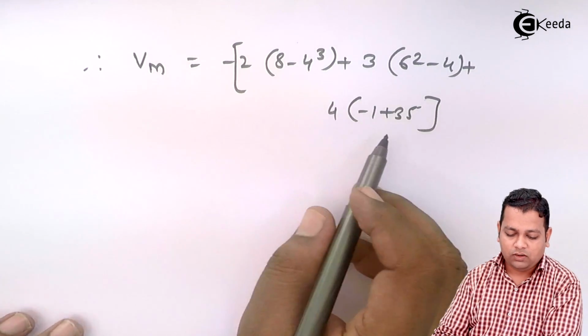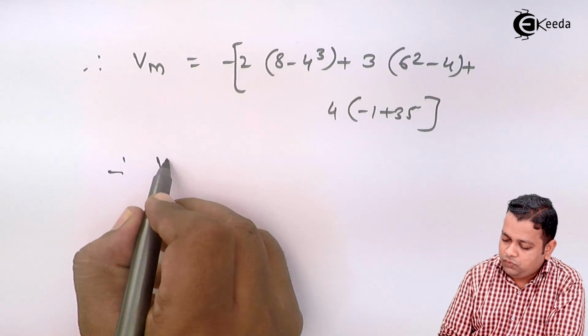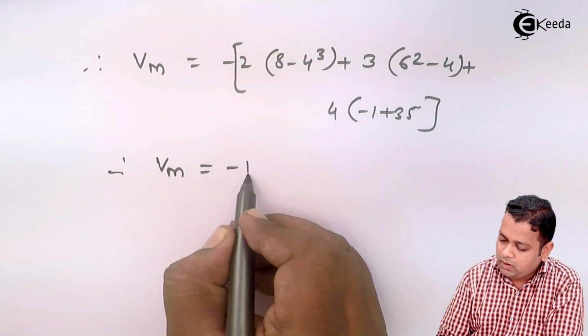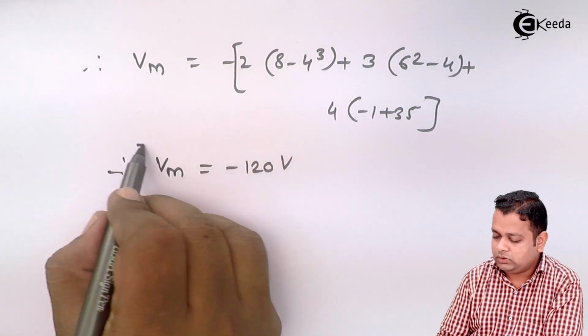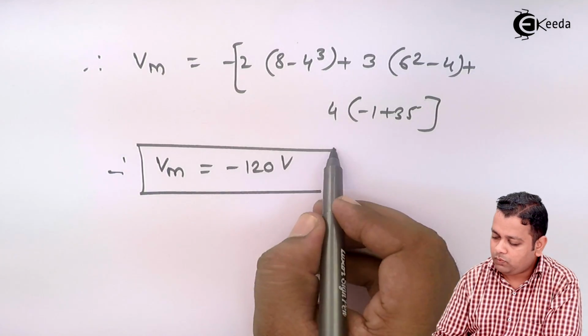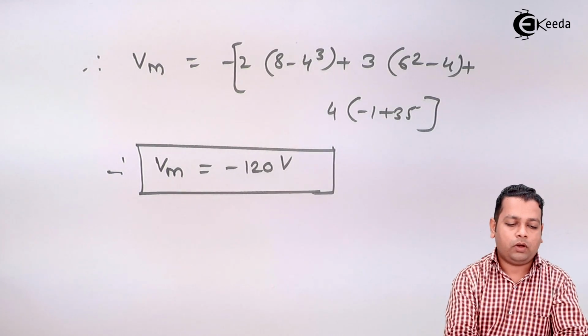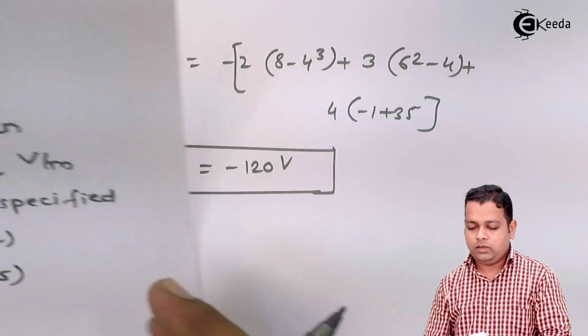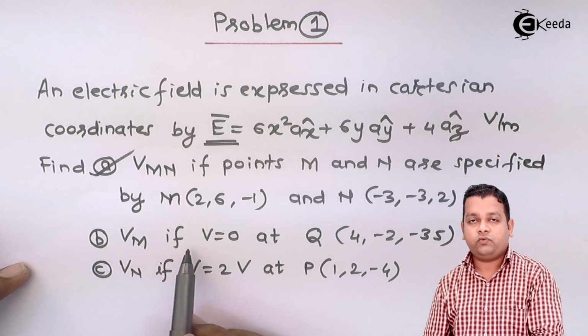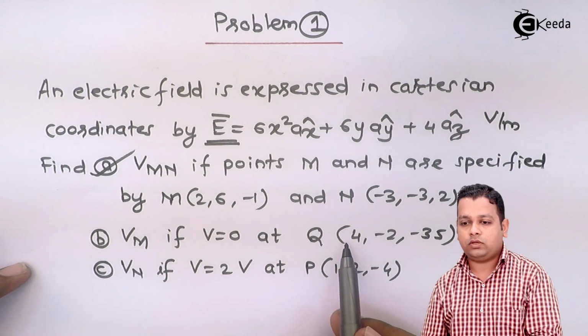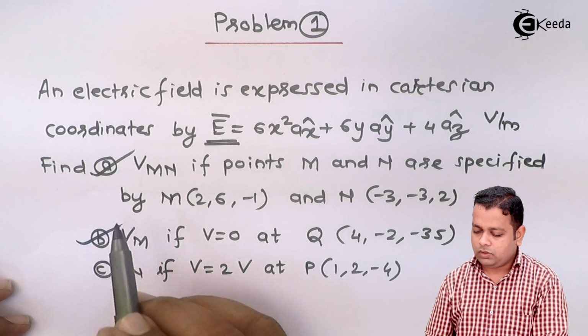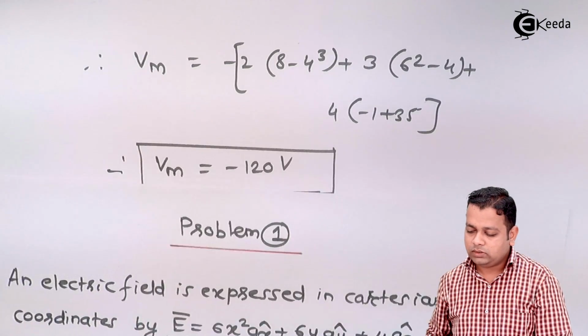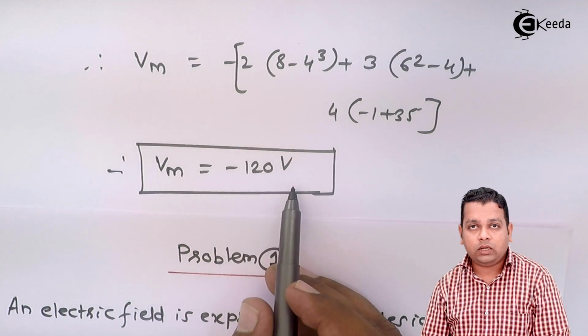So if we make the calculation here, we get Vm is equal to minus 120 volts. So this is the answer for part B. The problem statement was find Vm if V is equal to 0 at point Q. So we are able to get the Vm, and Vm has this value minus 120 volts.